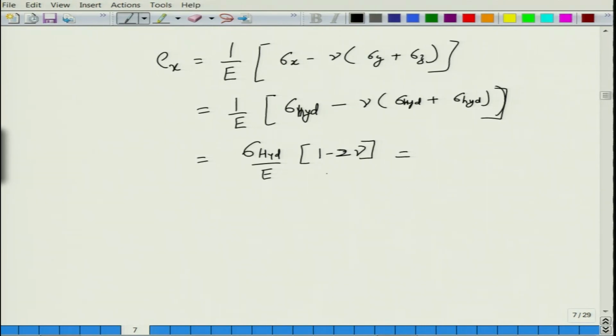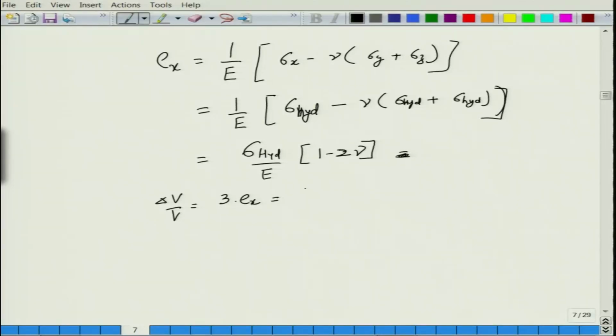So, delta V by V is equal to 3 times Ex for a special state when sigma x is equal to sigma y is equal to sigma z, which means Ex is equal to Ey is equal to Ez.